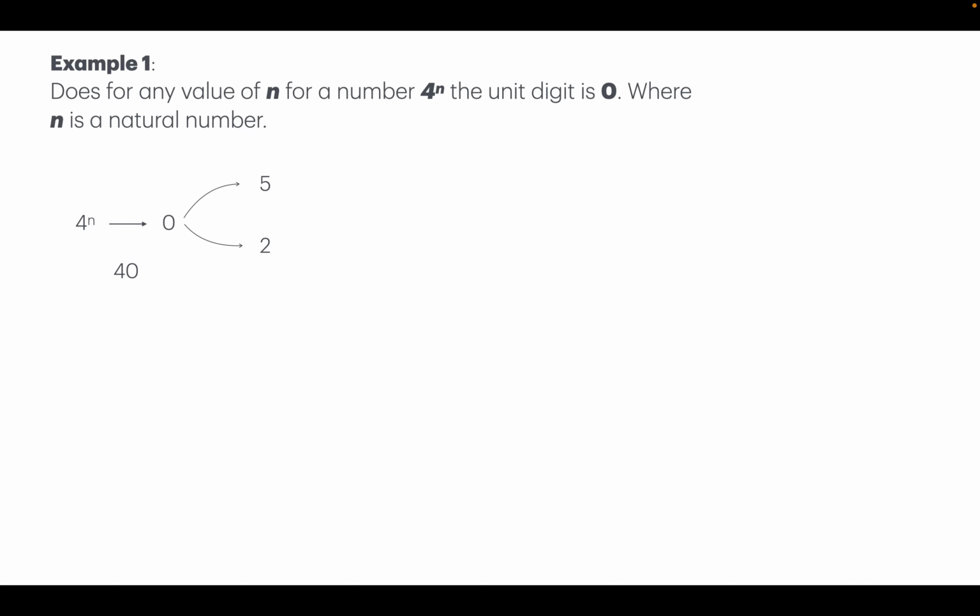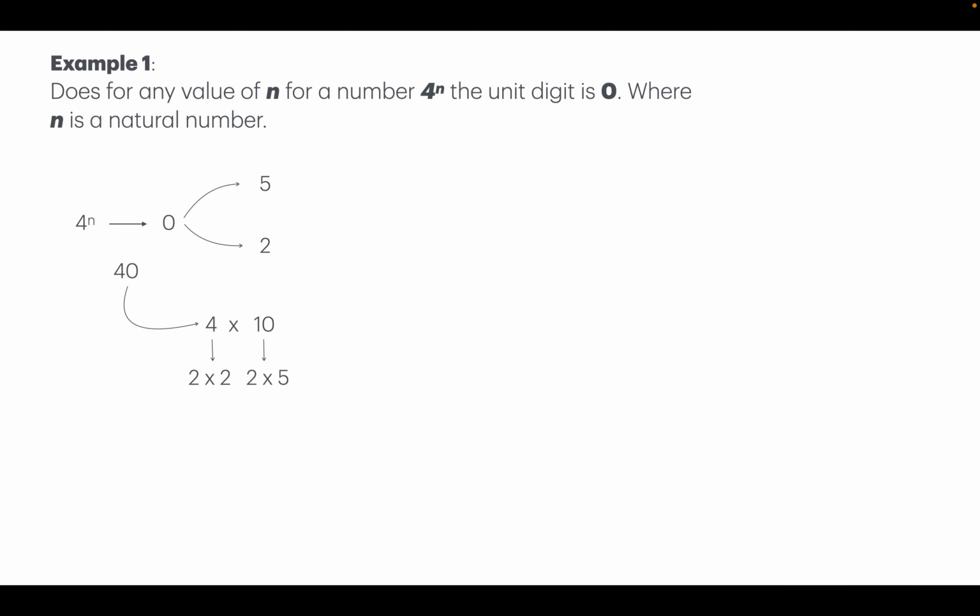For example, take 40. I can write this number as 4 times 10, and I can further factorize 4 as 2 times 2, and 10 as 2 times 5, and 10 is itself a number that ends with 0. So if you express 40 in terms of its factors, it's going to be 2 times 2 times 2 times 5.